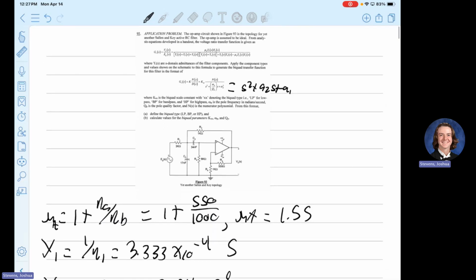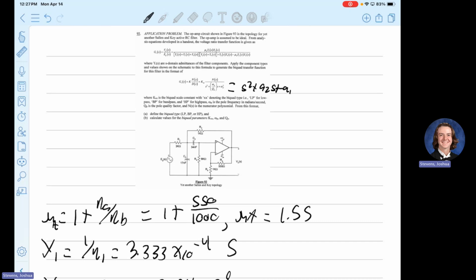So it says KXX. Explain that one more time. I understand it means whether it's low pass, band pass, or high pass, but as far as part B of the question, what is he looking for? It's KXX. He has not noted whether it's a low pass, band pass, or high pass, so we have to figure out what it is, and we've denoted it as a band pass.